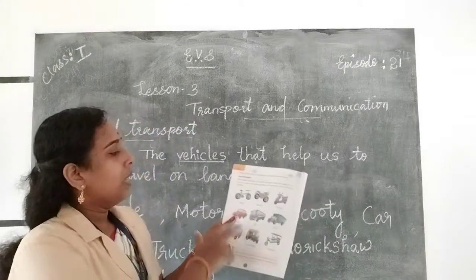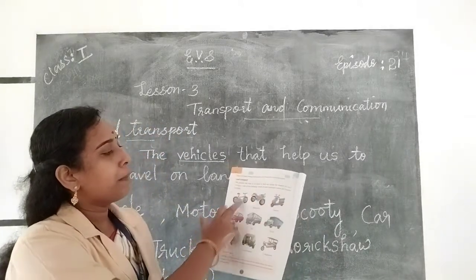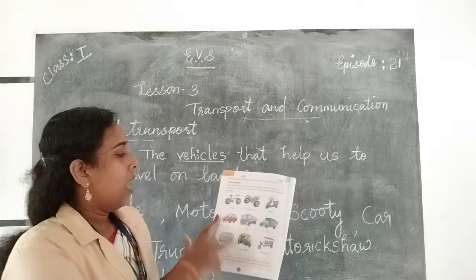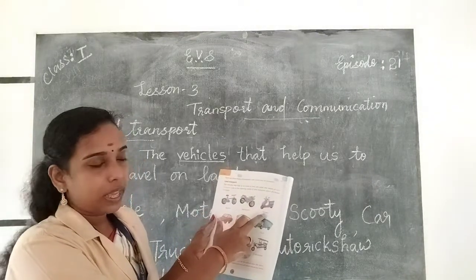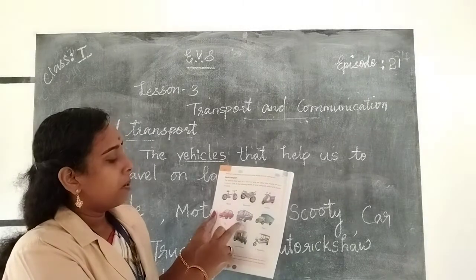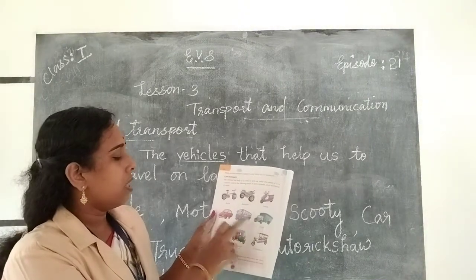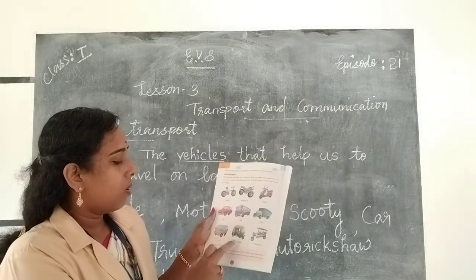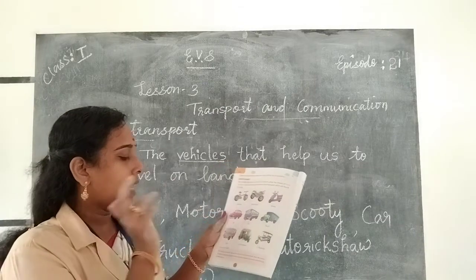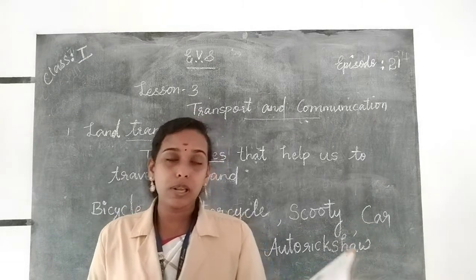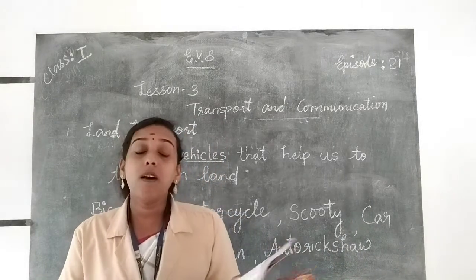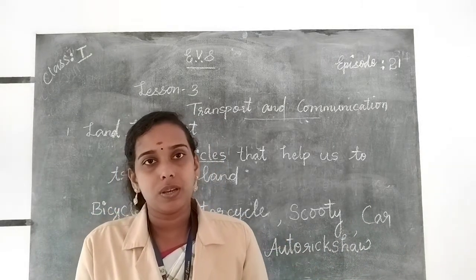For example, these pictures show some means of land transport: bicycle, motorcycle, scooty, car, bus, truck, van, auto rickshaw, e-rickshaw, and some emergency vehicles like ambulance, police van, fire engines. They are also land transport.